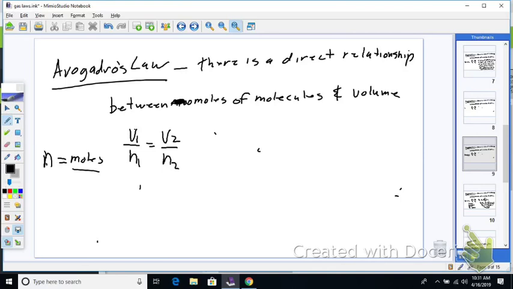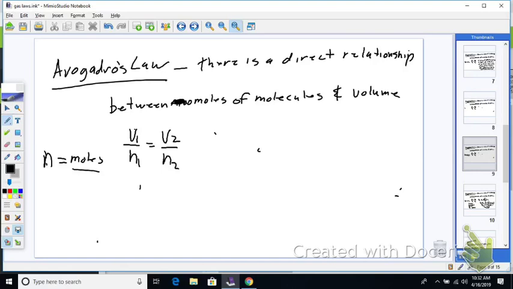So it just makes sense that he looked at the relationship between moles and volume, and he did a lot of work with gases, and this is probably where that relationship came in, looking at moles and amount of particles. So I've got a story problem for you to do. The last one I'm going to have you do. And I'm going to have you use the skills that we went through on the other ones to prove and come up with an answer.